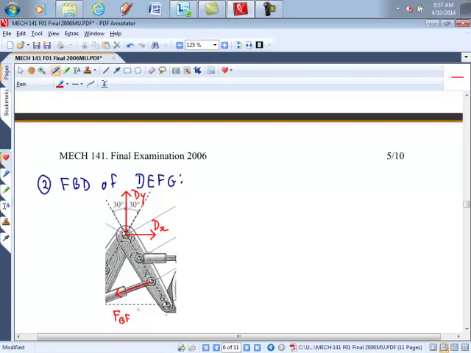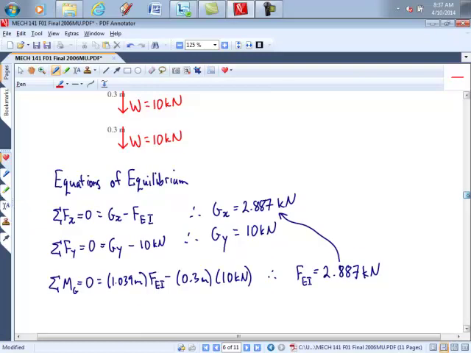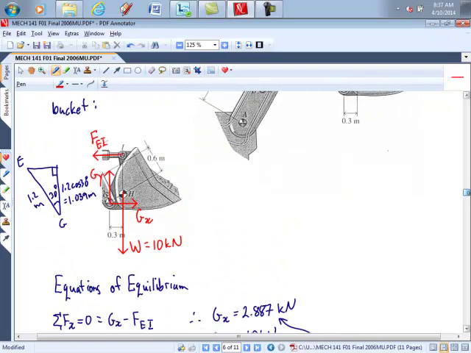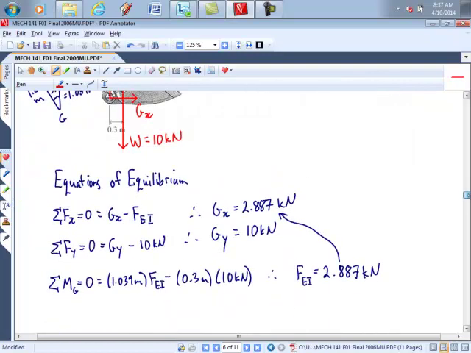And EI, we already found. And EI was in tension.